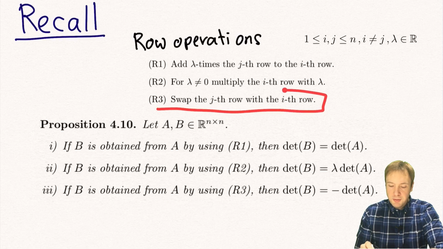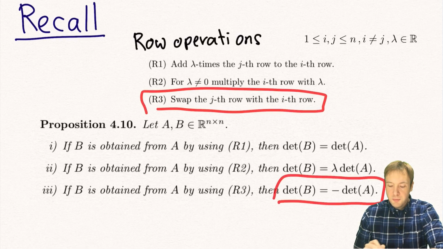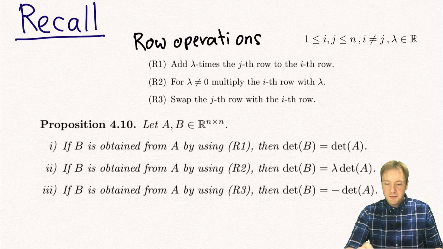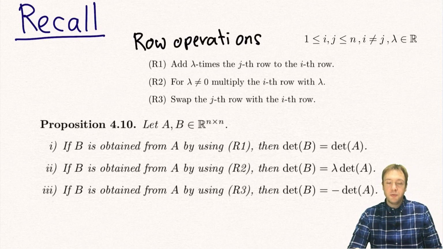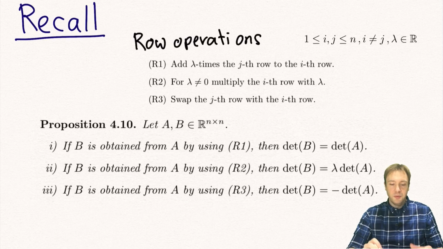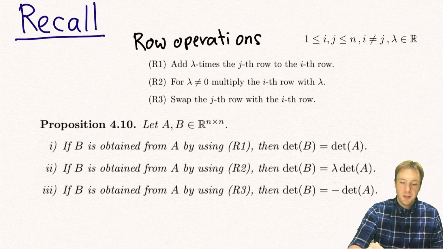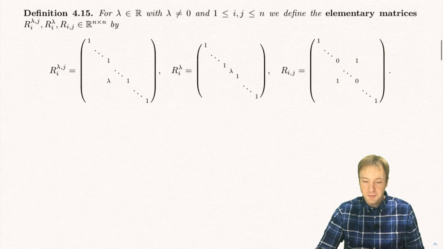And swapping two rows meant that the determinant changes its sign. And these row operations we now want to describe by using matrices. So instead of doing these row operations, we will multiply with certain matrices which are called elementary matrices.